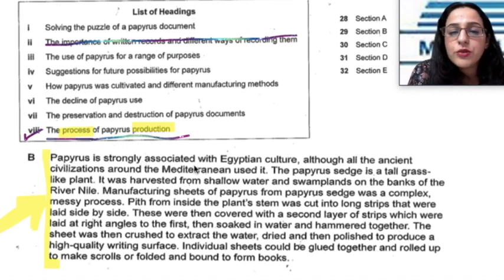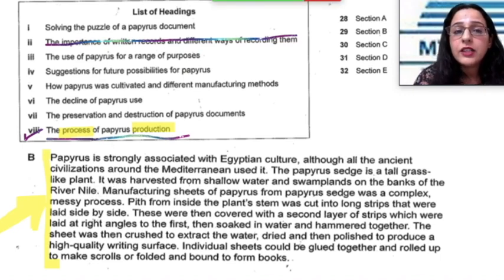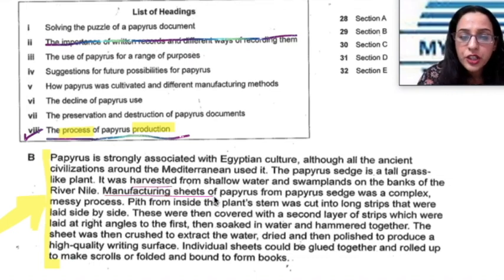Papyrus is strongly associated with Egyptian culture, although all ancient civilizations around the Mediterranean used it. The papyrus sedge is, so nothing in the first sentence at all. The papyrus sedge is a tall grass-like plant. It was harvested. So now it is saying that this is the process. Then manufacturing sheets of papyrus was a complex, messy process.